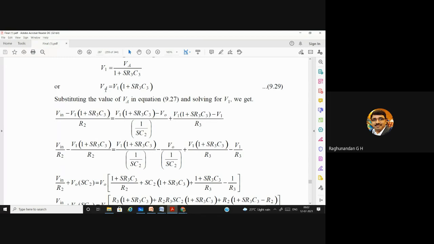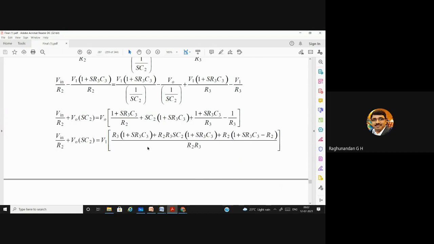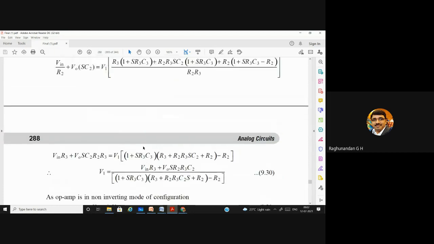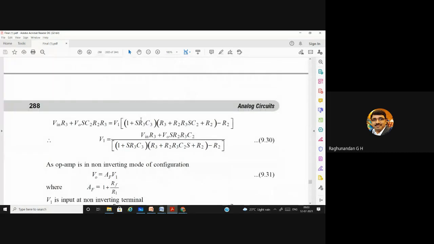That is the gain given out by this particular circuit. The rest is mathematical simplification. We rearrange it and take V naught common wherever we have V naught. Finally, we cancel whatever we can and arrive at this equation.